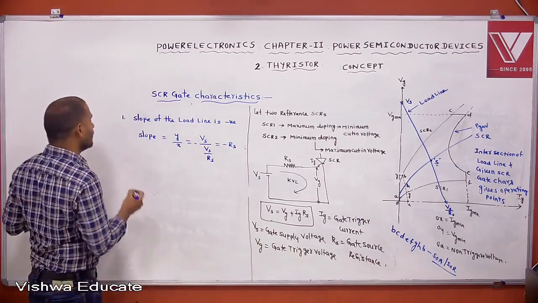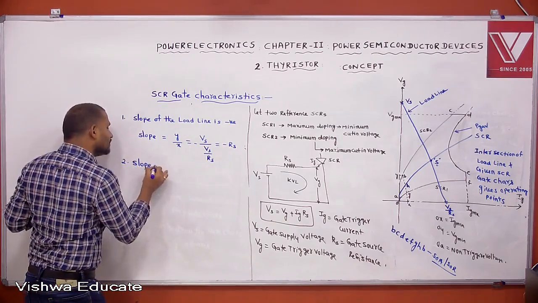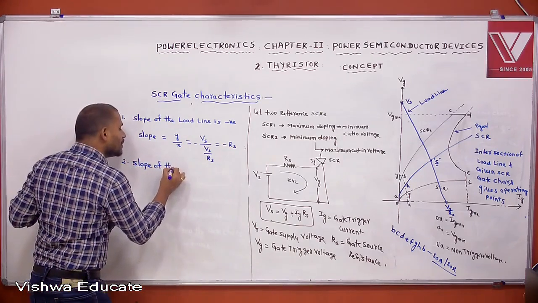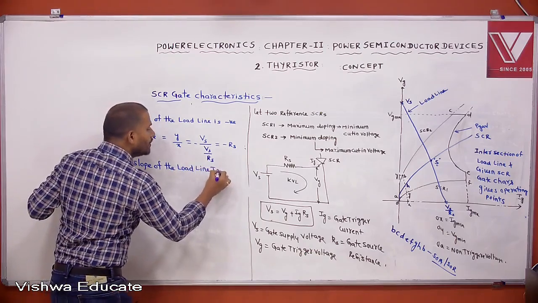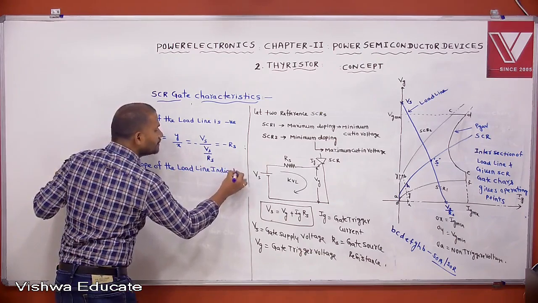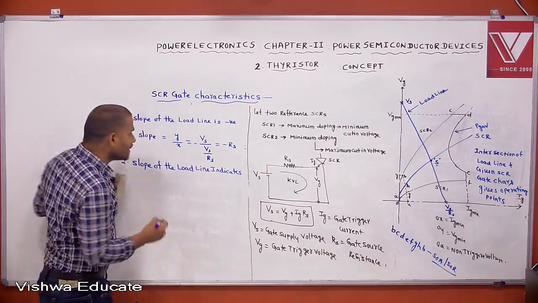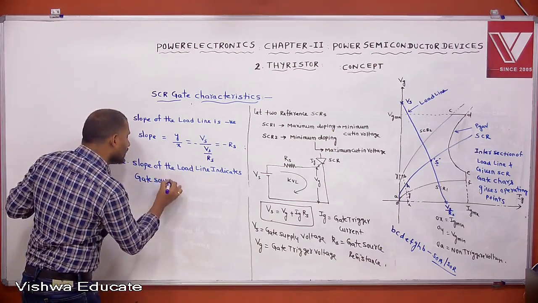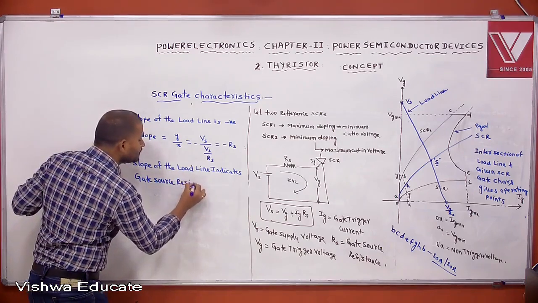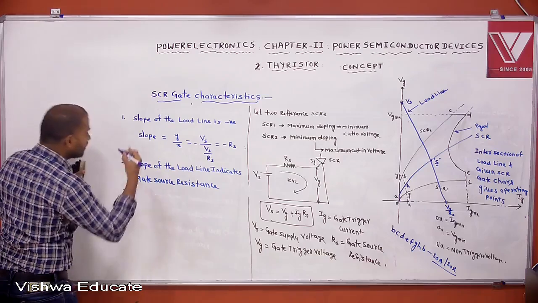Therefore, the slope of the load line in the gate characteristics indicates the gate source resistance.